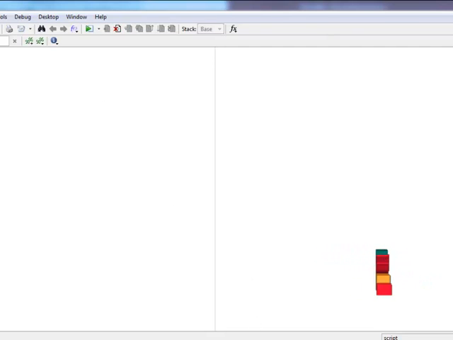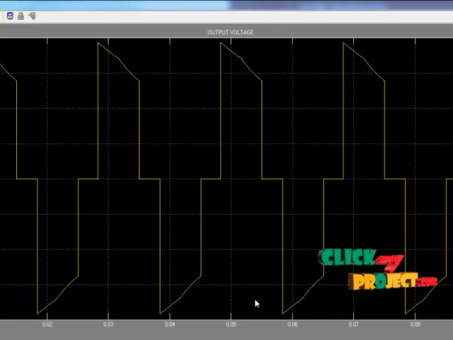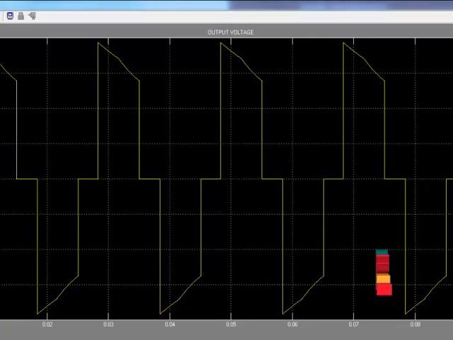Now let us see the scope. This is the output voltage, about 0 to 390 volts approximately. The RMS value is equal to the output voltage divided by root 3, so 400 divided by root 3 equals 220 volts. So we get a 220 volt VRMS value.